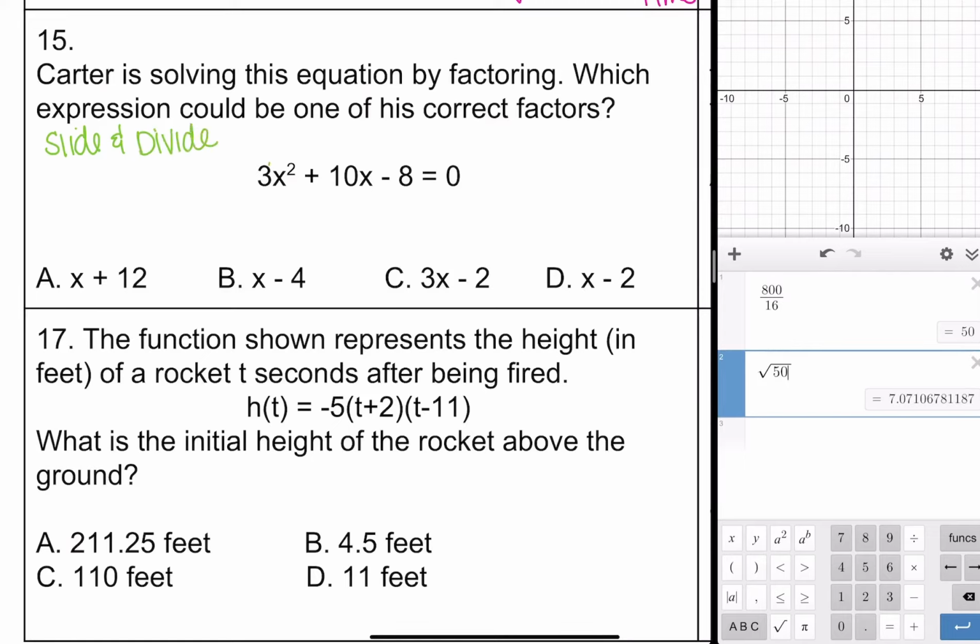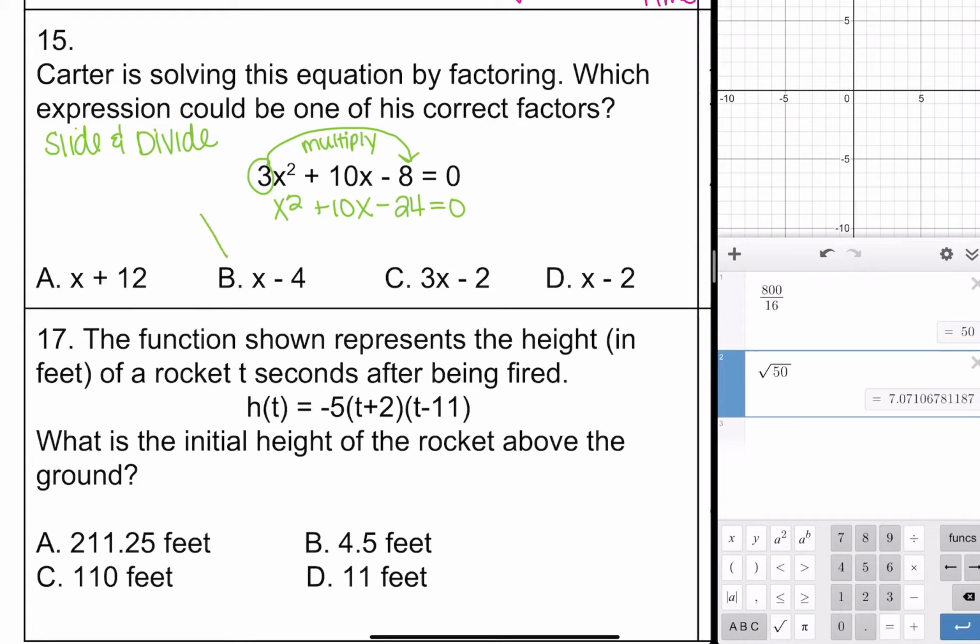So we're going to slide the 3 over to the 8 and multiply. So that gives us x squared plus 10x minus 8 times 3, which is 24. Now we can factor this.